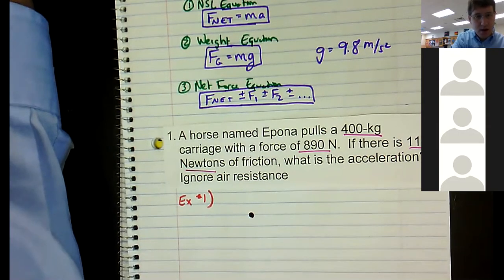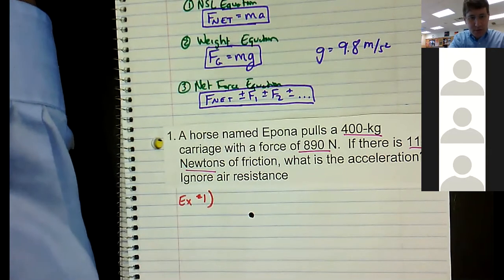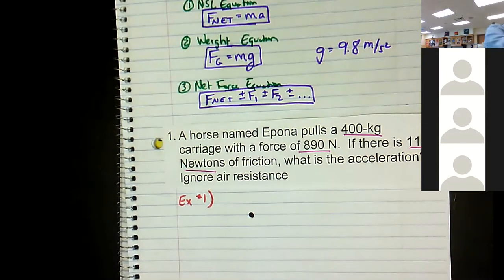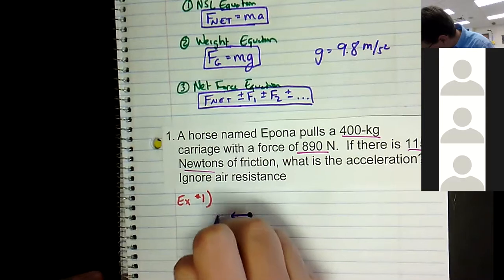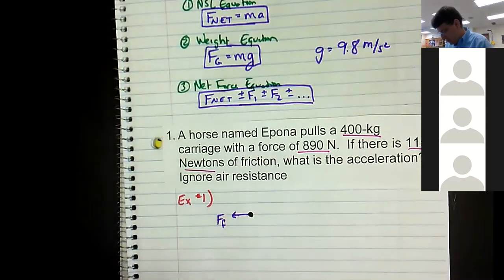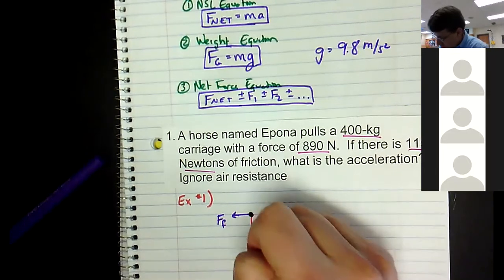So, yes, Jacob, I agree. There's friction. Give me 1 second. Friction's here. All right, so we're going to have friction, which is going to go backwards. Gravity, yes. What else?